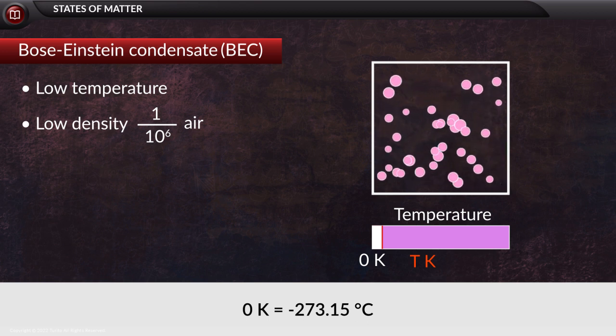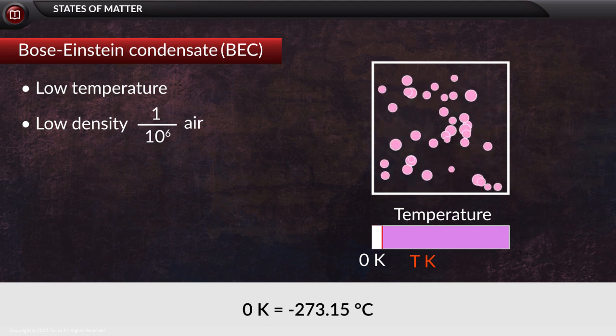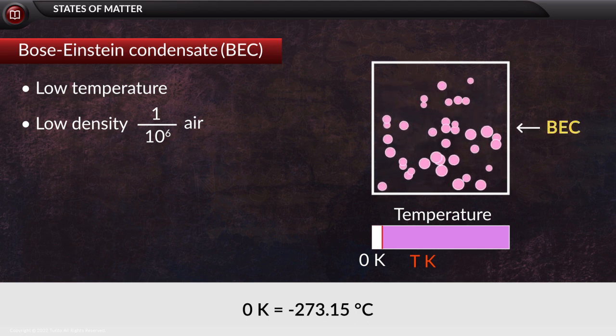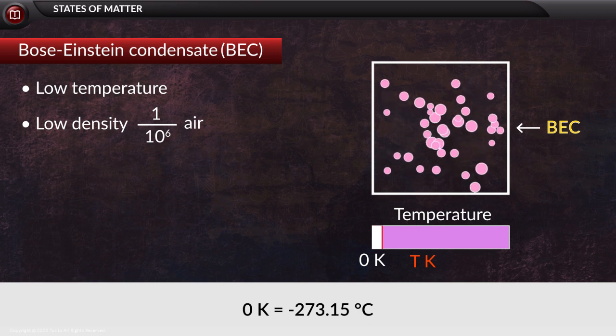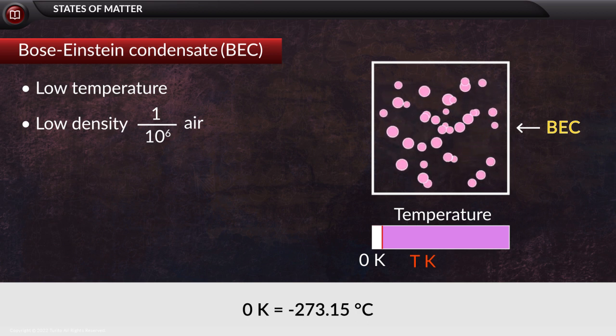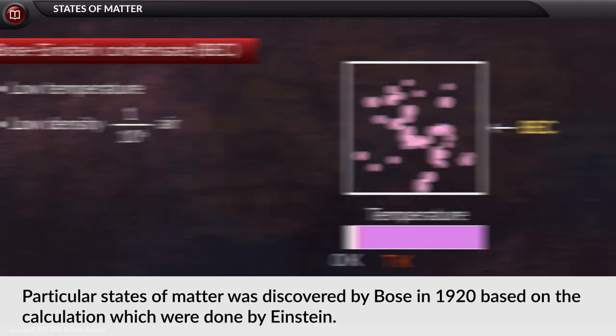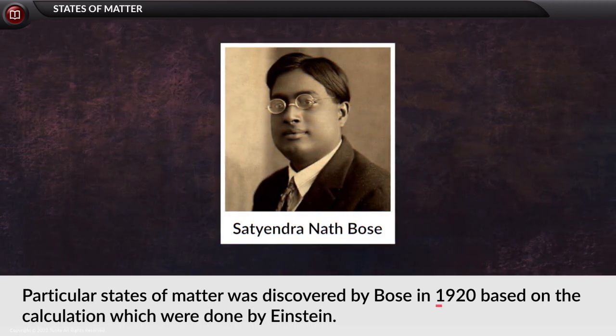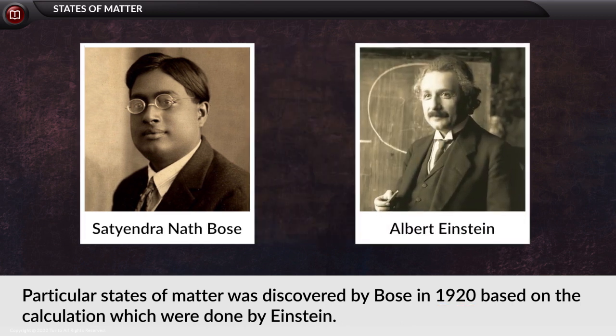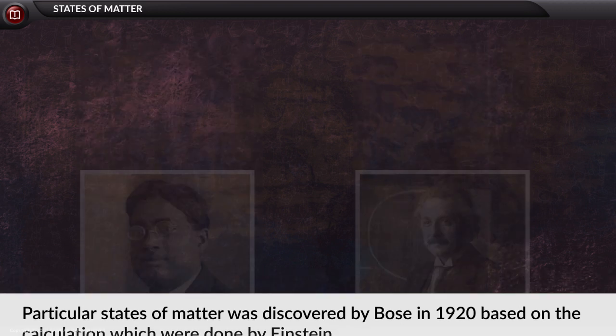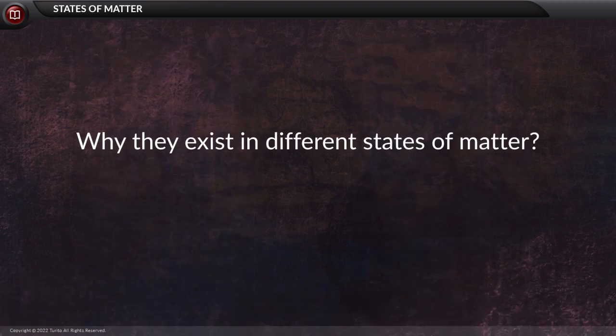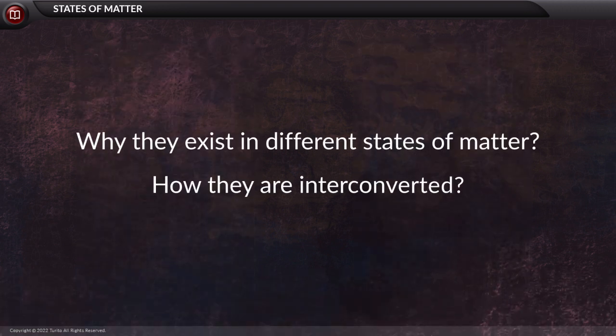This supercooled, very low density gaseous substance is now considered to be BEC. You will wonder why this name. Because this particular state of matter was discovered by Bose in 1920 based on the calculations which were done by Einstein. After studying the different states of matter, let us see why they exist in different states and how they are interconverted.